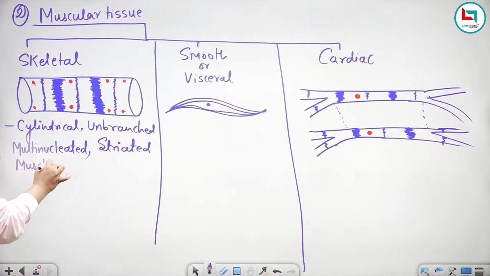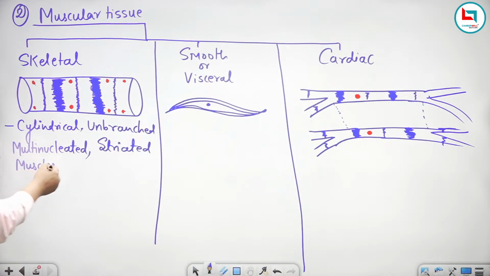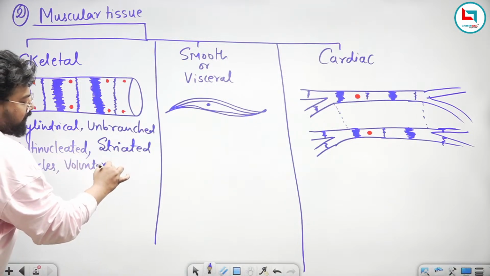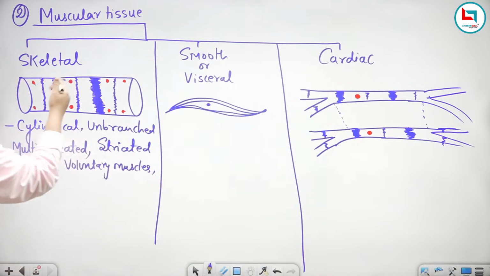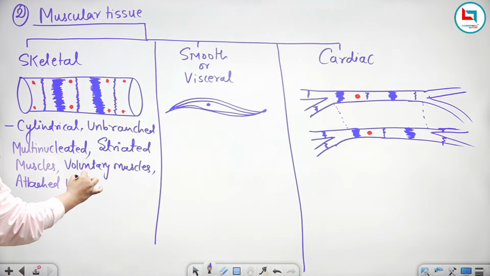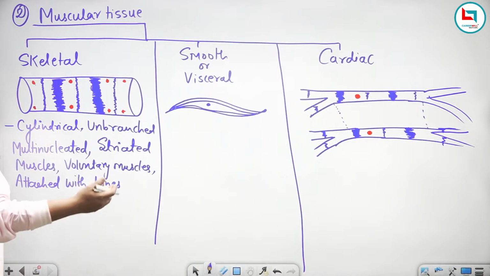Plus, we can voluntarily control them, so we call these muscles voluntary muscles. These muscles are attached with our bones and can be controlled by our will.